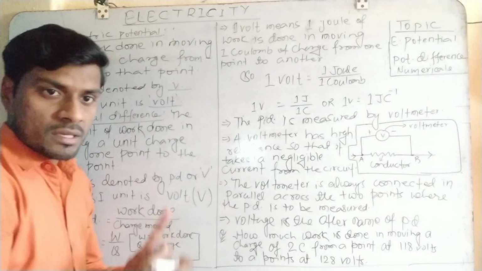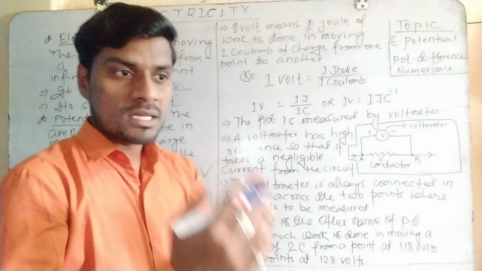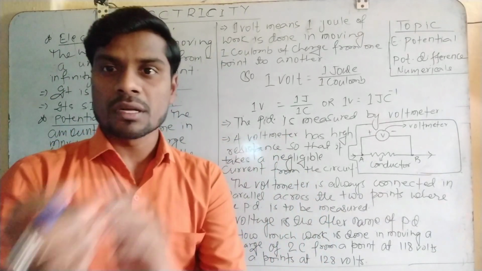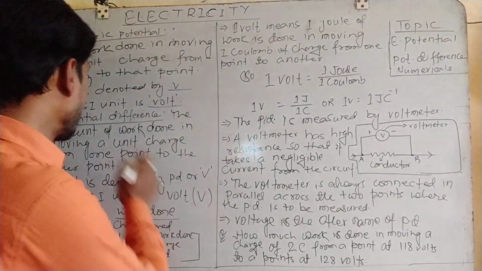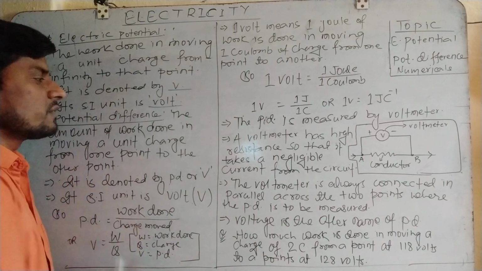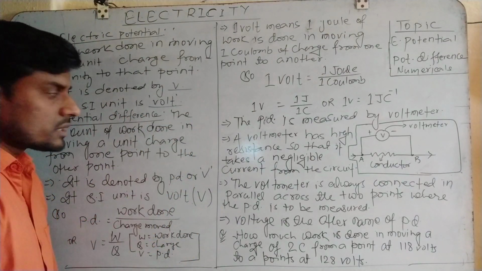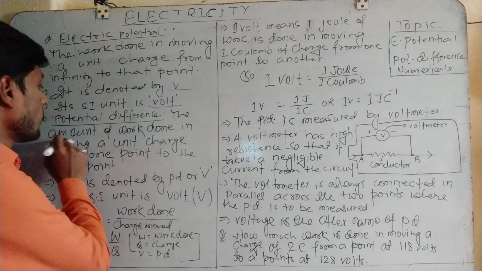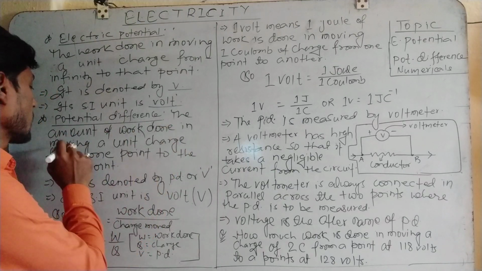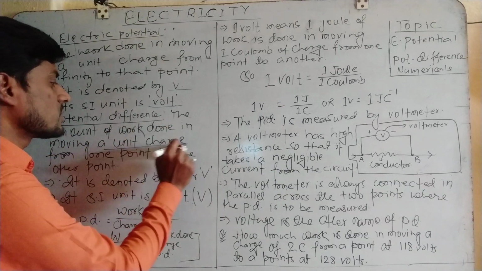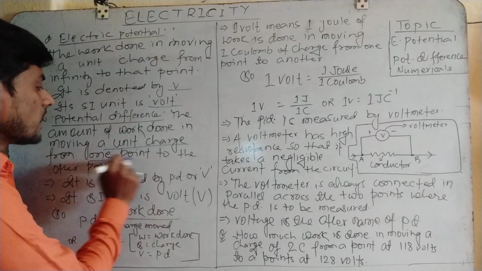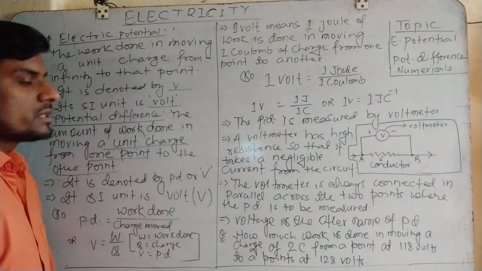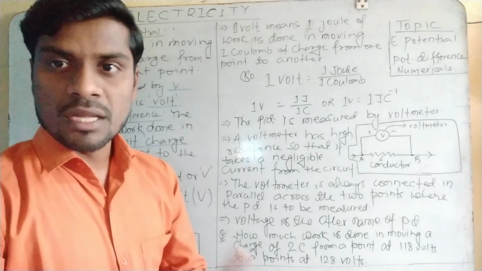That means here I am talking about a charge moving from infinity to a certain point. But in the next topic, potential difference. Potential difference means what? The amount of work done in moving a unit charge from one point to another point is known as potential difference.